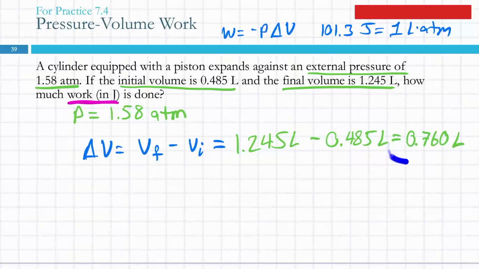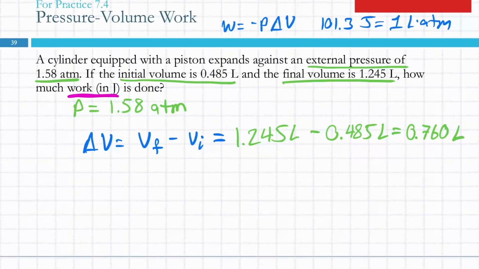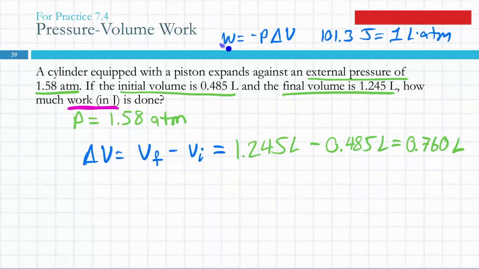This is a positive number for our delta V. This means that it expanded, and it expanded by 0.76 liters. So to find the work that was done, we plug in negative P delta V. So negative 1.58 atmospheres times 0.760 liters.